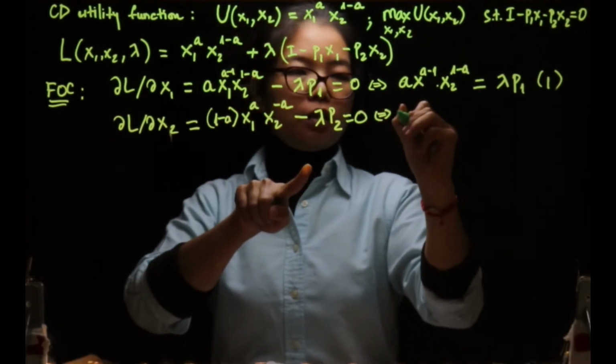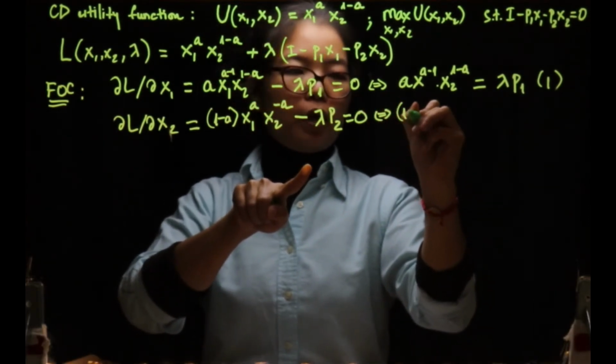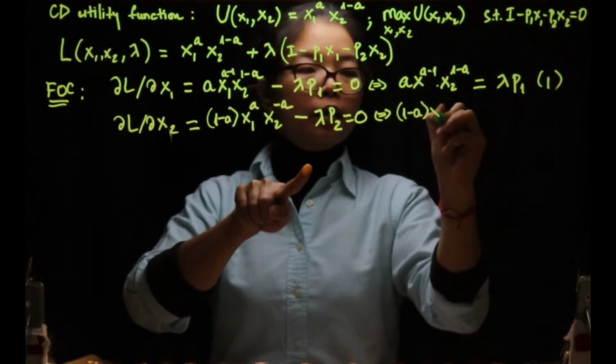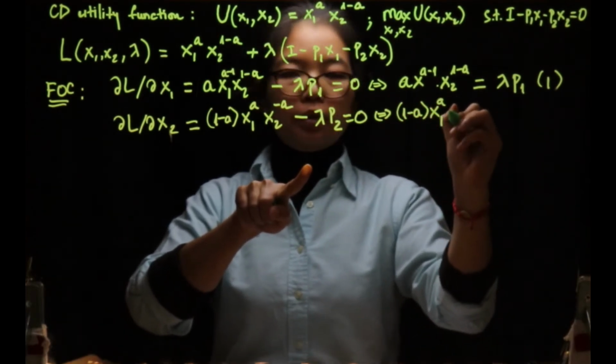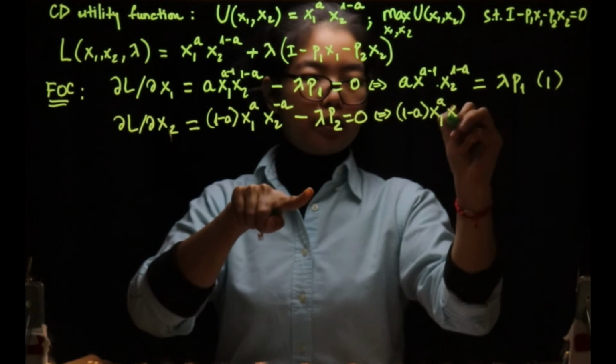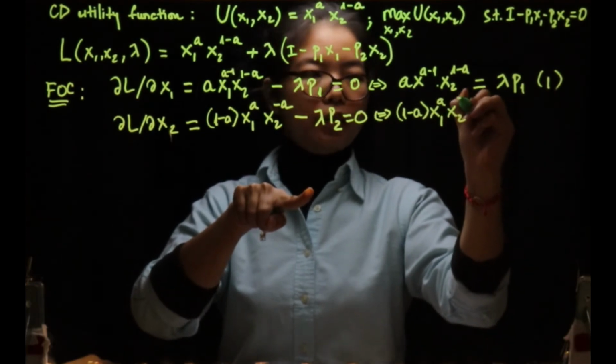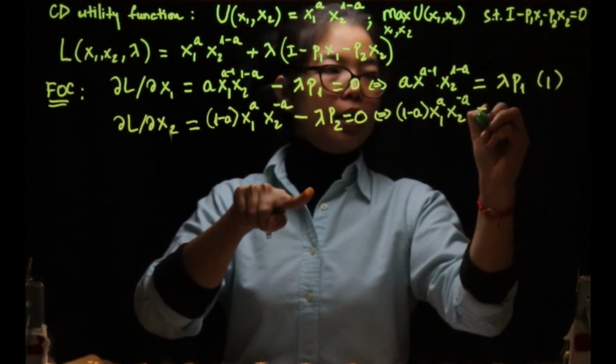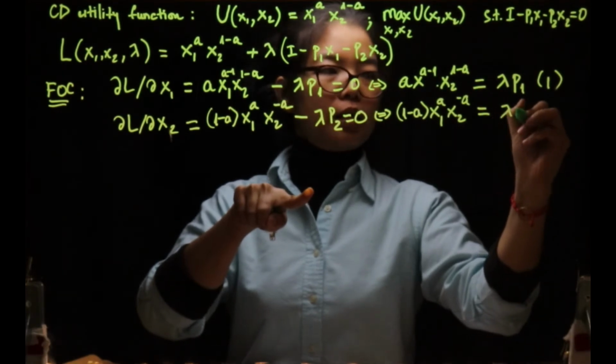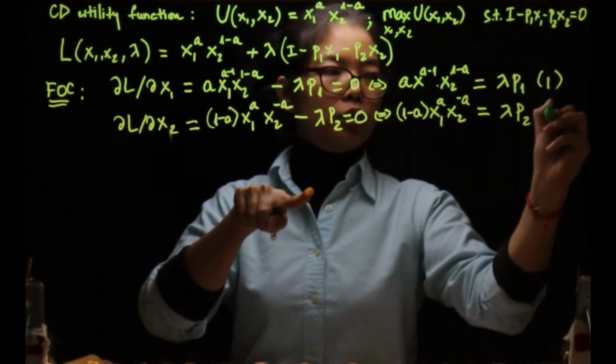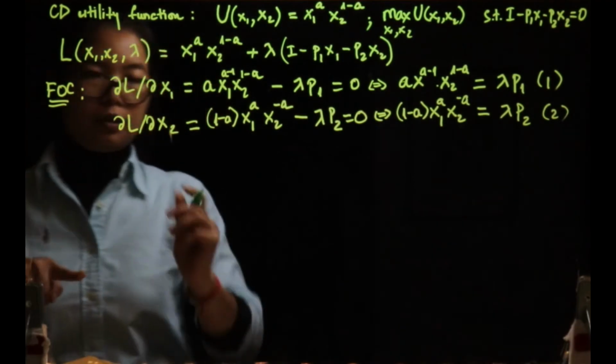Rearranged: 1 minus a times x1 to the power of a times x2 to the power of minus a equals lambda times p2, and this is the second equation.